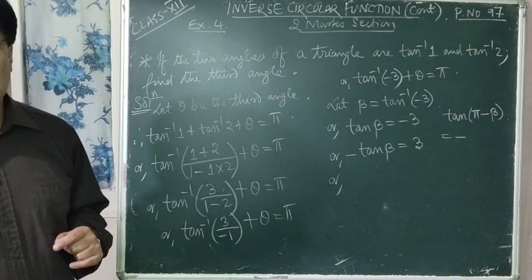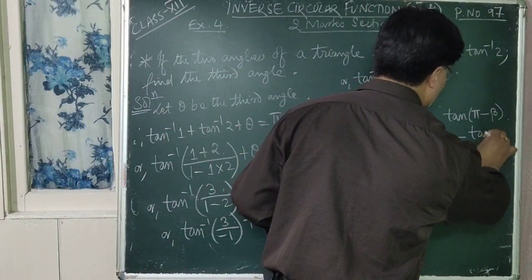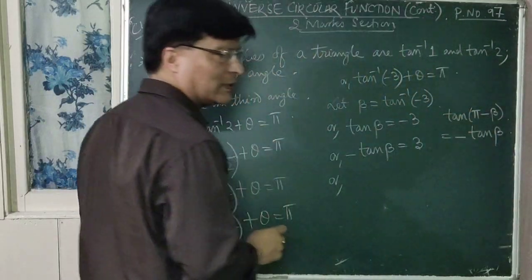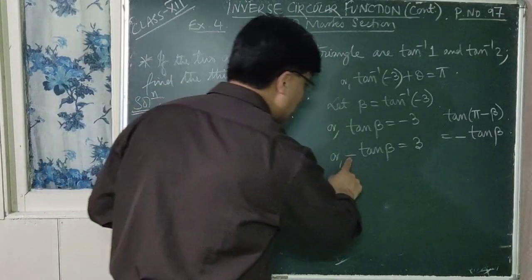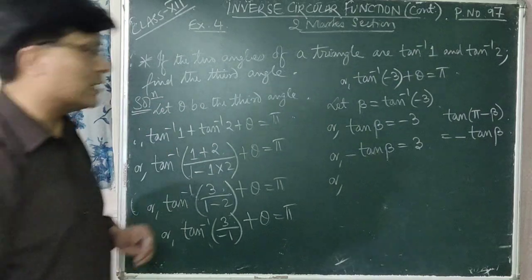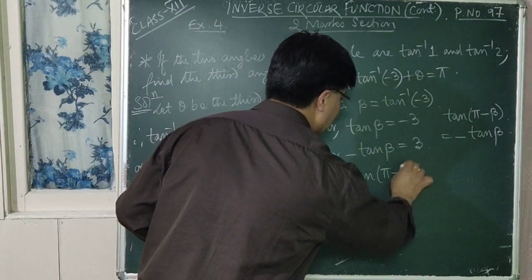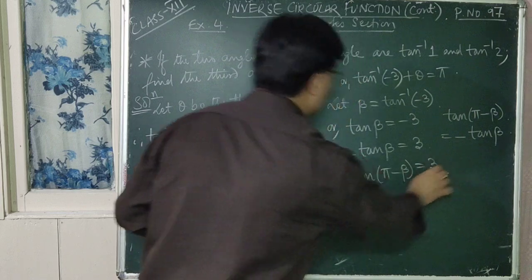And 180 is an even multiple of 90, so tan remains the same: minus tan beta. So instead of minus tan beta, you may write tan of pi minus beta, which is equal to 3.